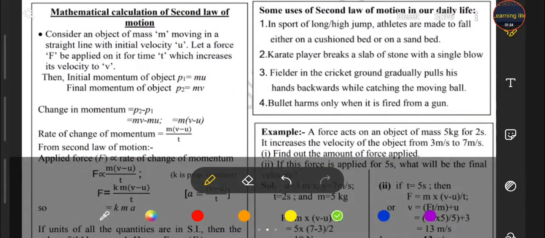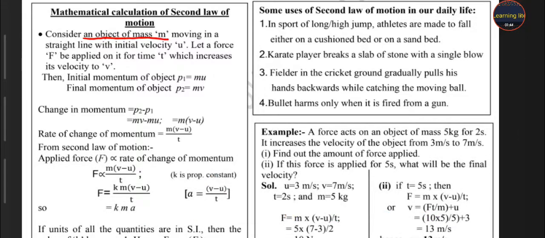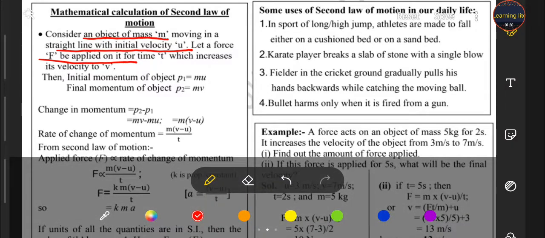Now, there is a mathematical derivation of the second law of motion, showing how force is directly proportional to mass times acceleration. Students, suppose we have an object of mass m moving in a straight line with velocity u, and a force F is applied on it for a time t, and the final velocity is v.